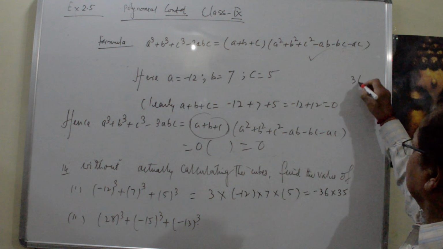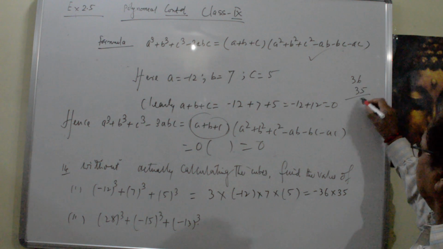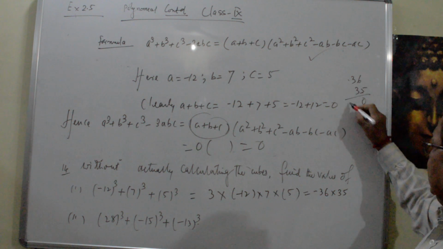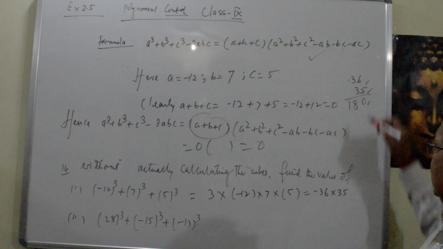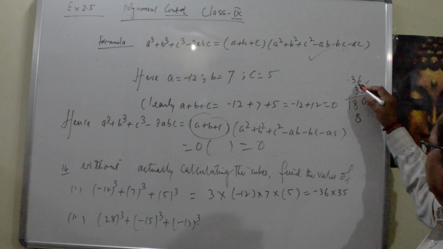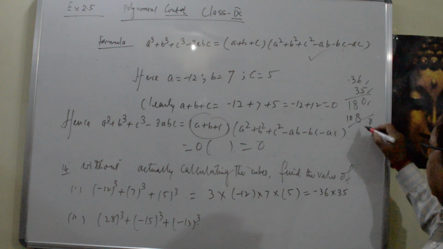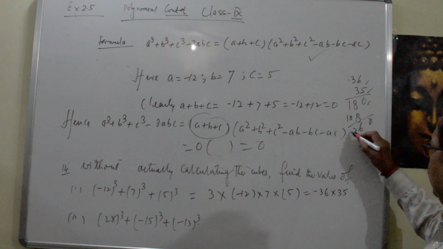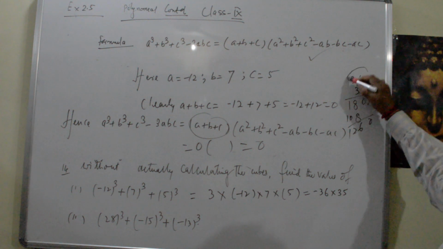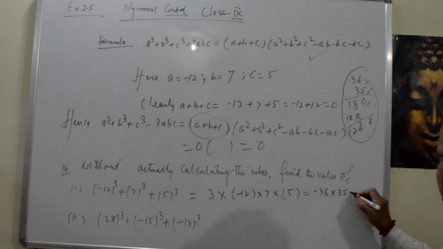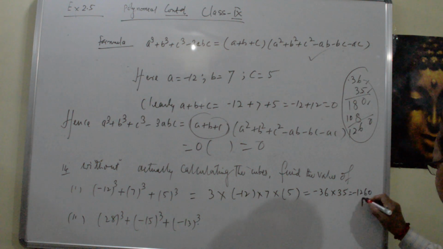Multiplying 36 into 35, we get 1260. So this is minus 1260. So it is the answer.